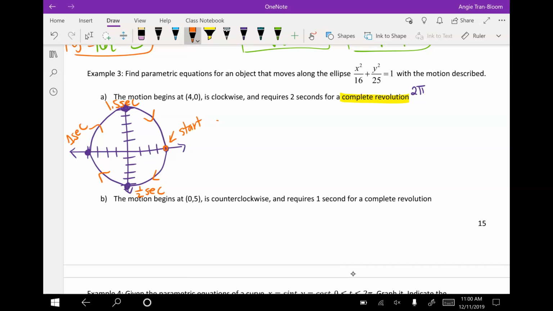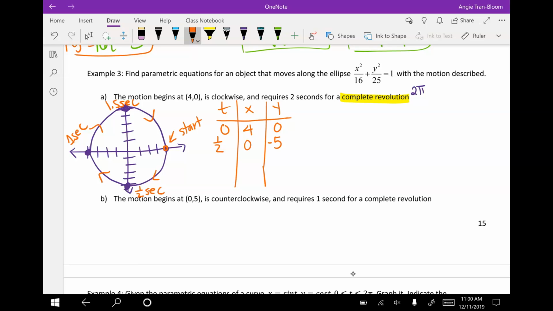I will also make a table for you so you have a better understanding of where that is, x and y based on time. Okay. When time is 0, x is 4 and y is 0. True or false? At a half second later, x is 0 and y is -5.